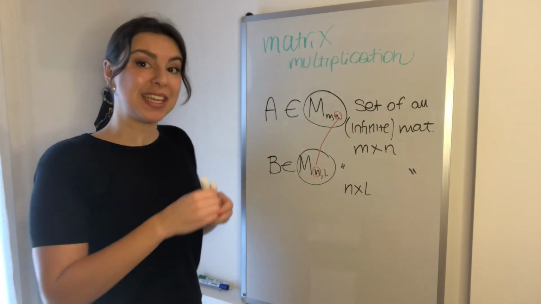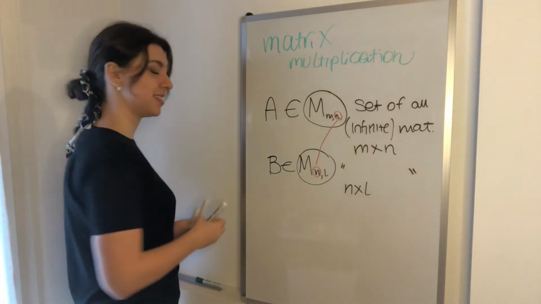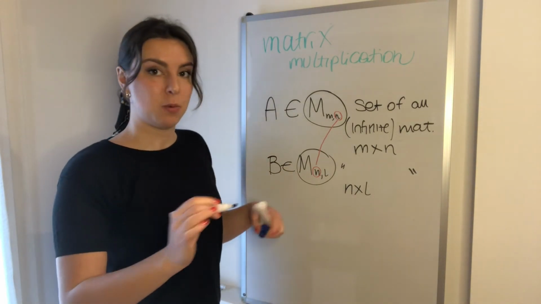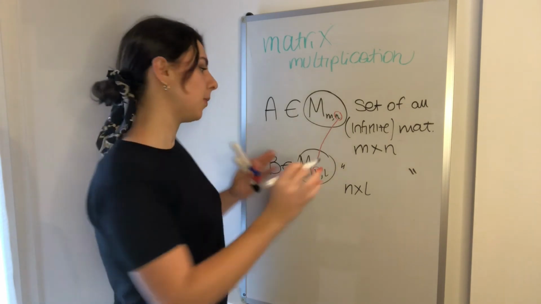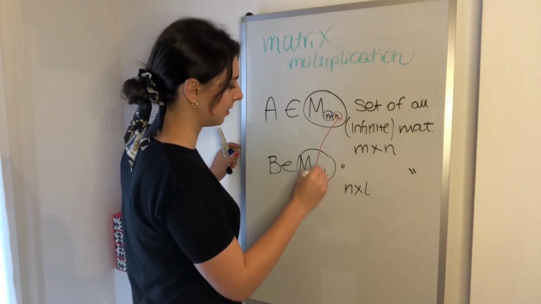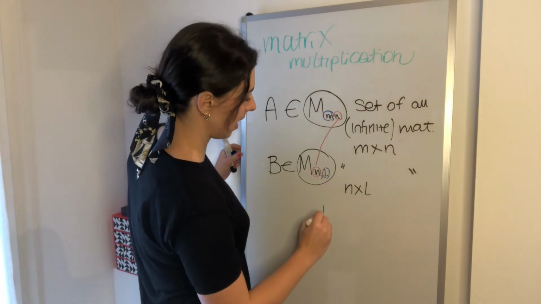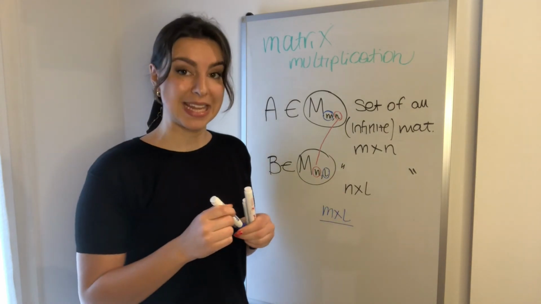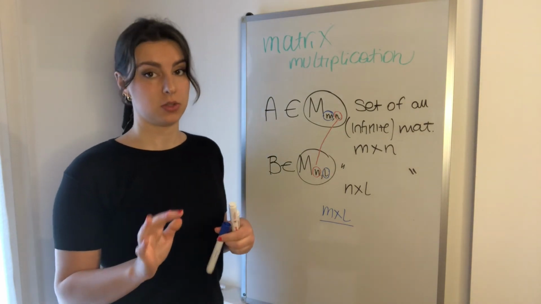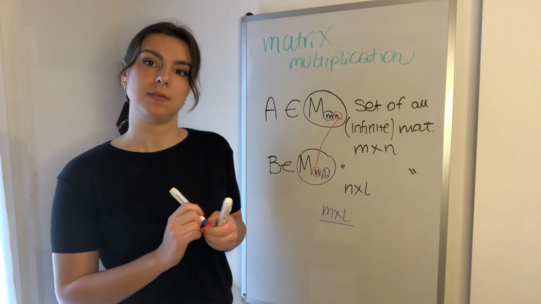The second thing that we can see already, without knowing what the matrix looks like, is that this m by l will be the dimension of the solution of this multiplication.